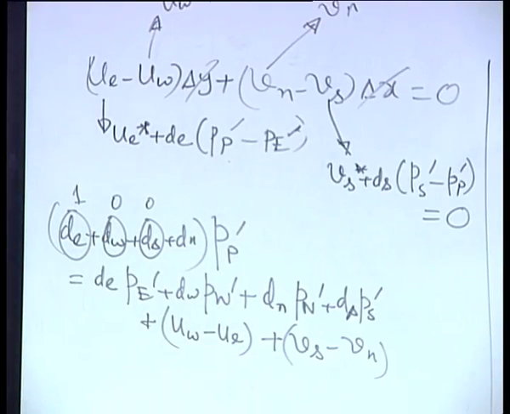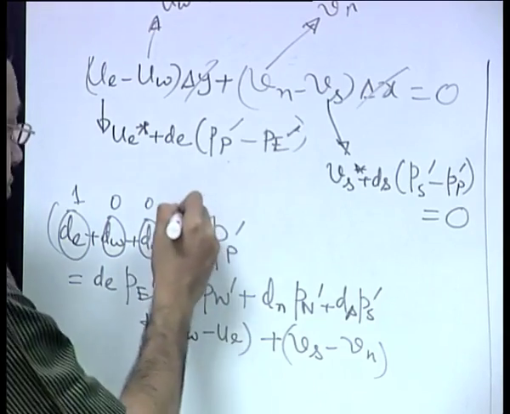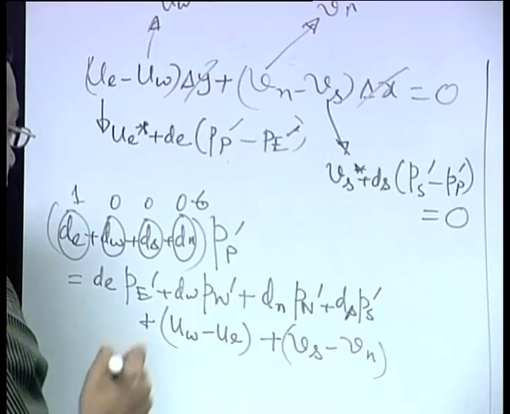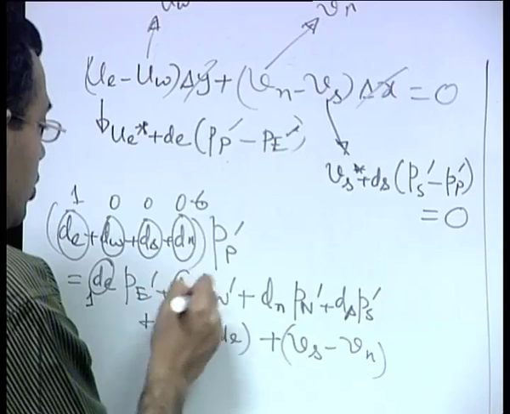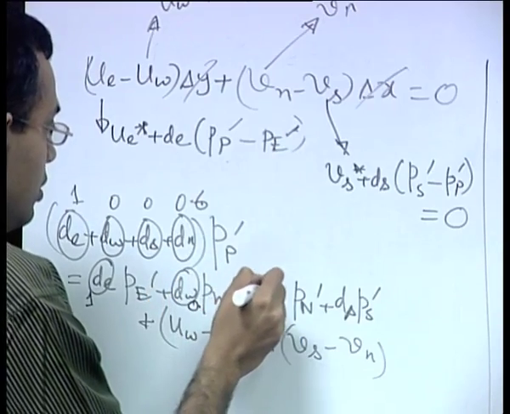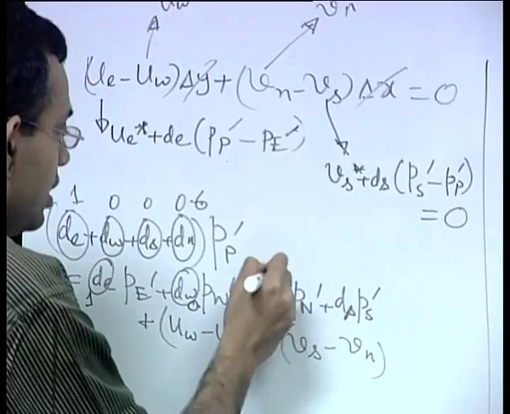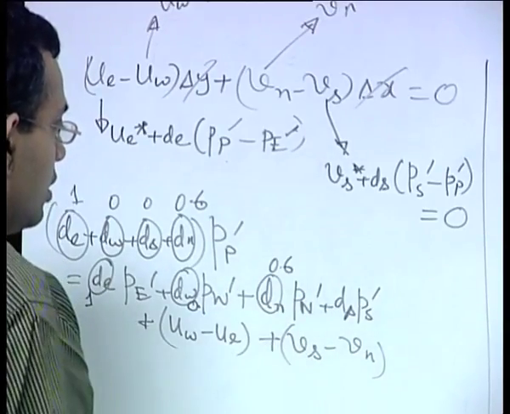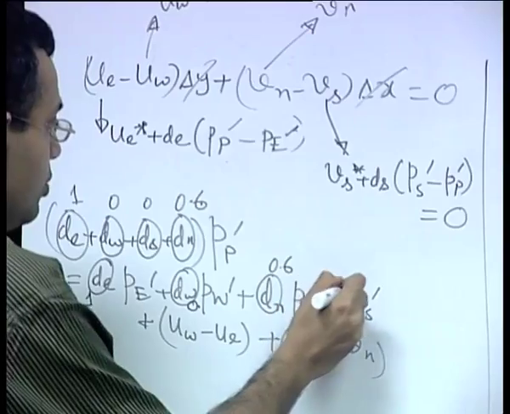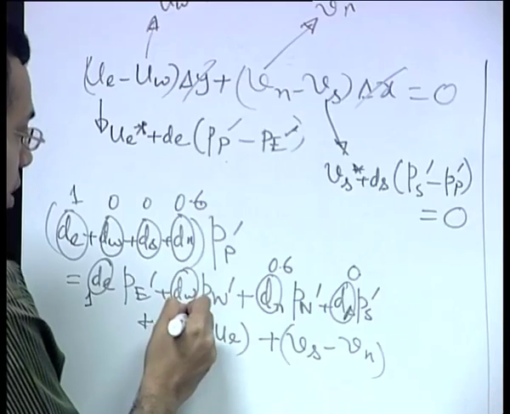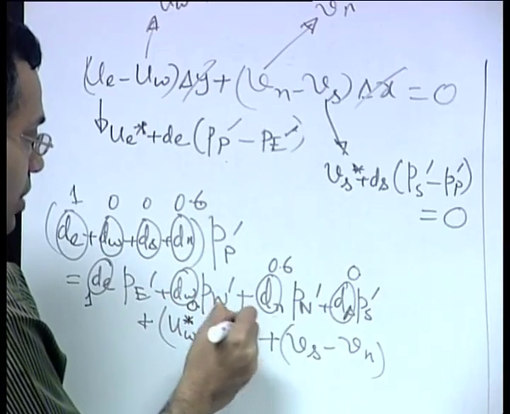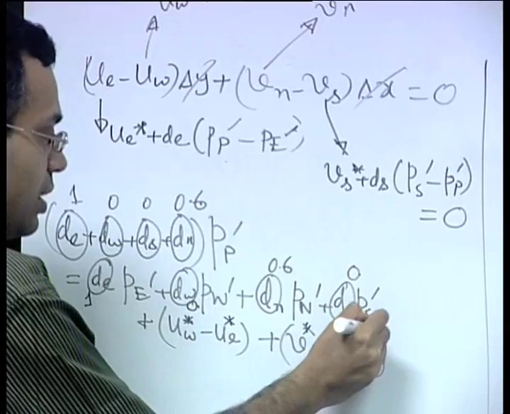What is dN? dN is 0.6. So this is 1, dW is 0, dN is 0.6 and dS is 0, and these are stars, right: uw star minus ue star plus vs star minus vn star.